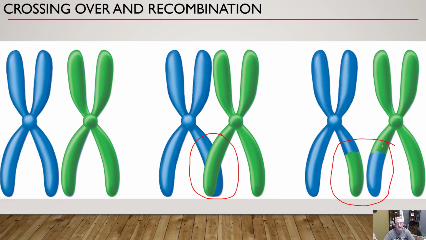And the reason why we have this is because if we did not have crossover, once we do the whole meiosis thing, the new cells would not be genetically variable. There would be less genetic variability because some of the chromosomes would be entirely maternal and some chromosomes would be entirely paternal.